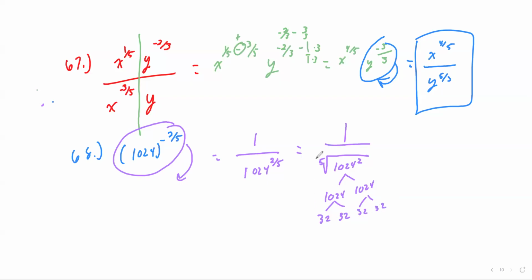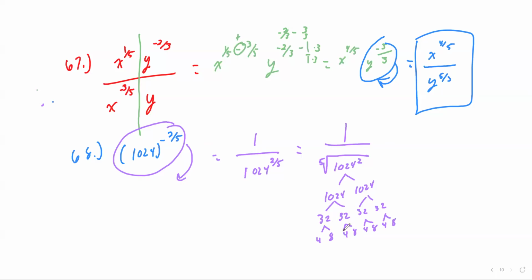And then from there, I need 5. So now I go, all right, what multiplies to 32? 32 is definitely not a perfect square, but I know that 4 times 8 is. All right, so that would give me that.